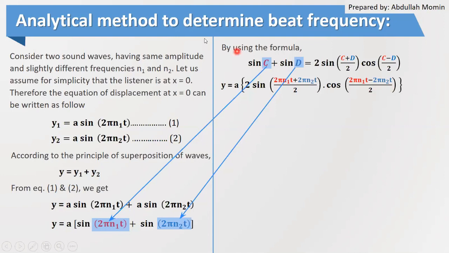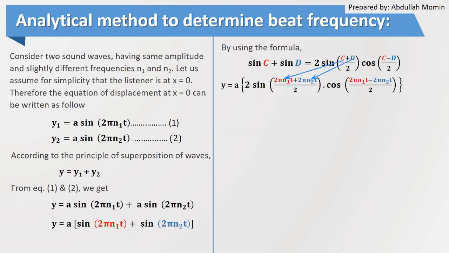Instead of c, we have put 2 pi n1t, and instead of d, we have put 2 pi n2t. So this is our equation after putting the values of c and d. We consider c as 2 pi n1t and d as 2 pi n2t.